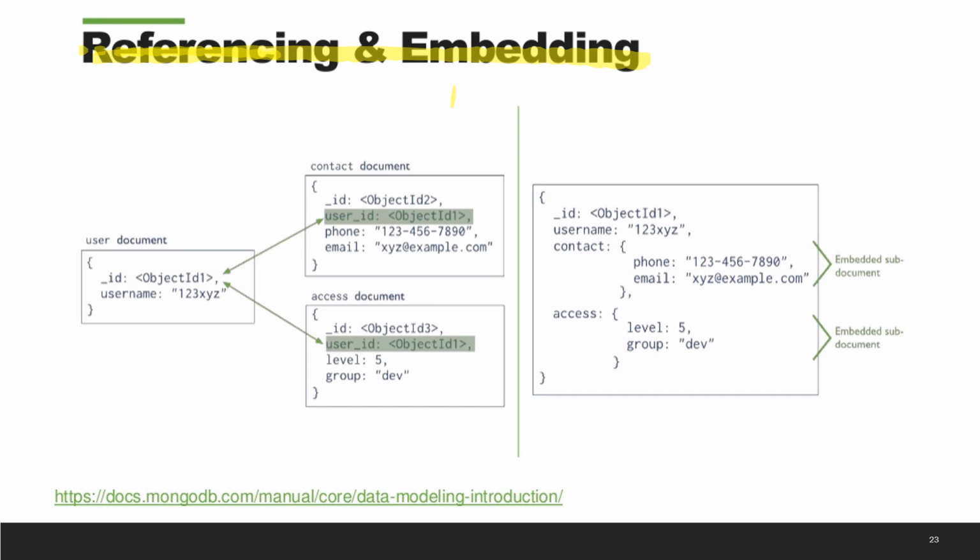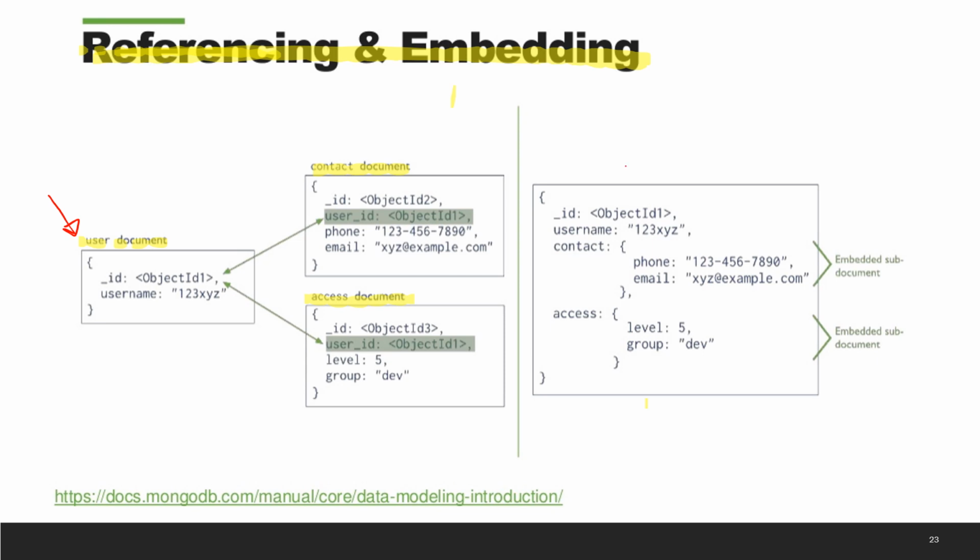Here, in this example, suppose that we have a document called user document, and we have another document called contact document, and then we have another document called access document. We want to have relationships among these three documents. That is, we store data about the user in the user document.